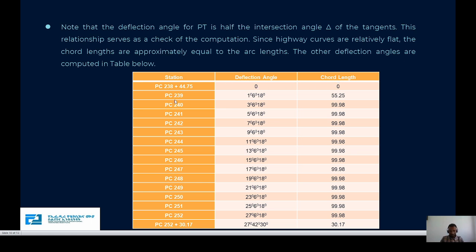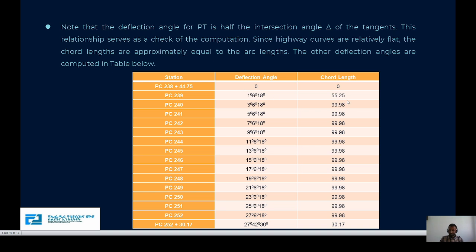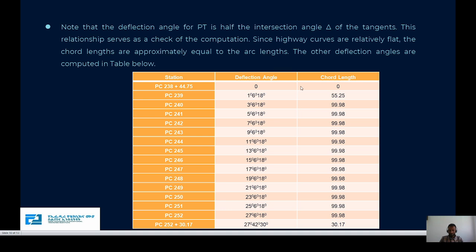For the second whole station, the deflection angle is 1 degree, 6 minutes, 18 seconds, already calculated. The chord length will be 55.25.